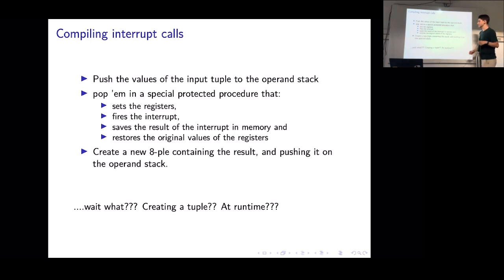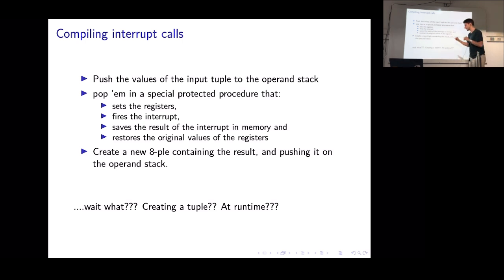We have interrupt calls, which are compiled this way. First of all, we push the values of the input tuple on the operand stack. We pop them in a macro that sets the registers, fires the interrupt, and saves the result into a special part of memory, which keeps the result until we push the values we had saved in memory as the parameters of the continuation.